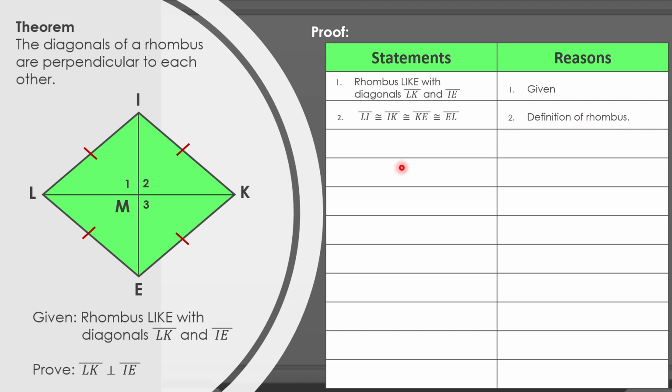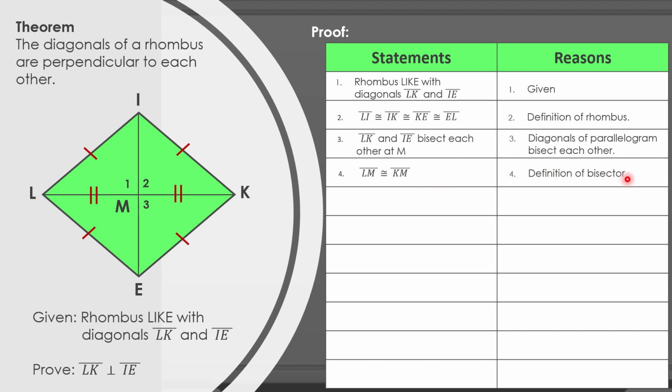For our third statement, we have diagonals LK and IE bisect each other at N. As for our reason, we will use the properties of parallelograms in which the diagonals of a parallelogram bisect each other. And since we use these properties, then we can say that LN is congruent to KN, for the definition of bisector.